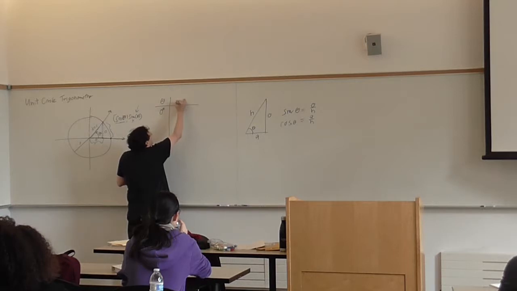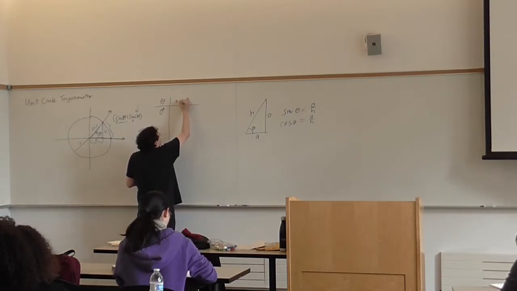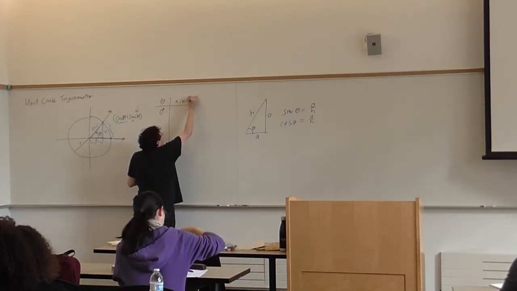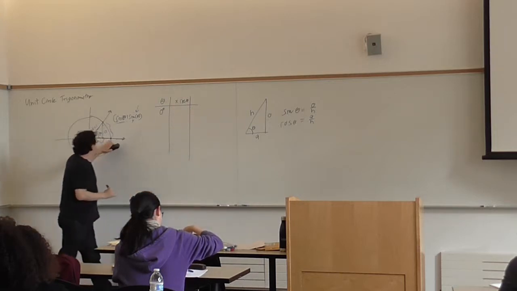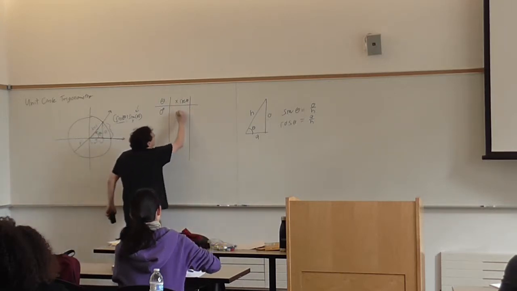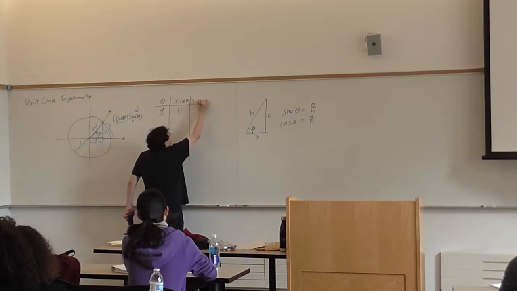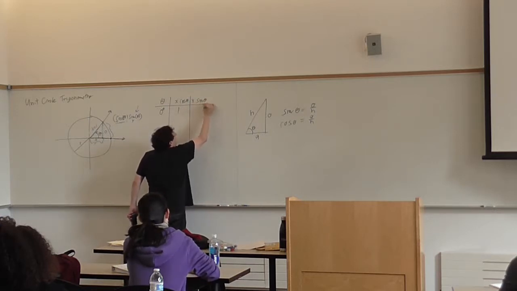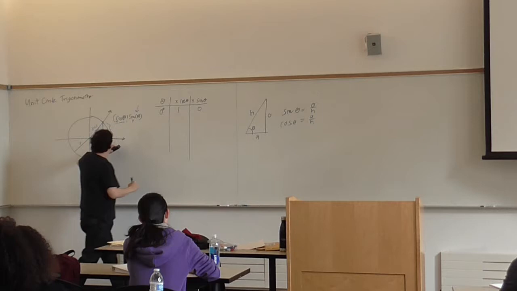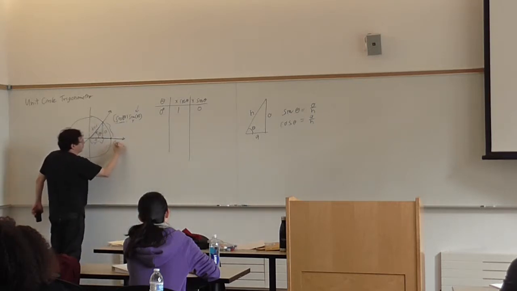Well, what are the coordinates of this? Well, the x-coordinate, which is the cosine of theta, is just 1. The y-coordinate, which is the sine of theta, is 0. This point is 1, 0.